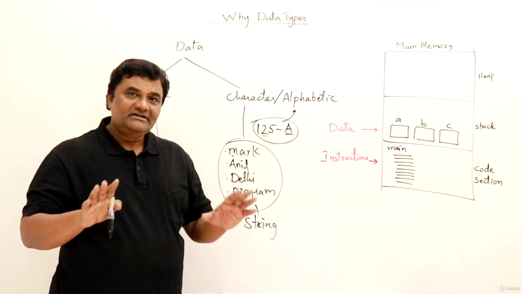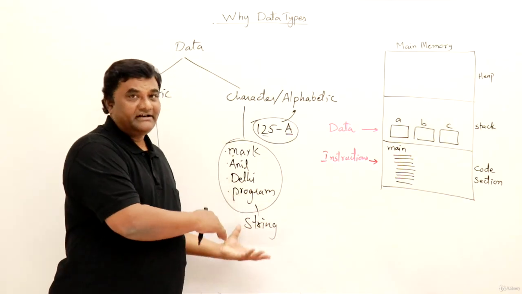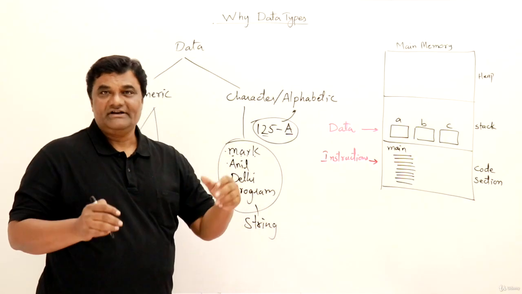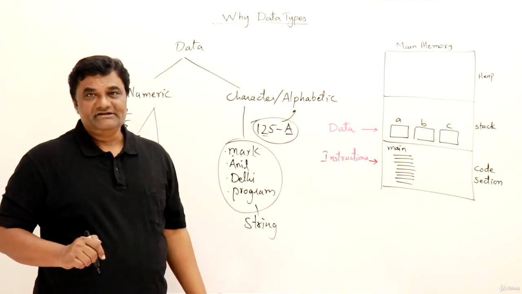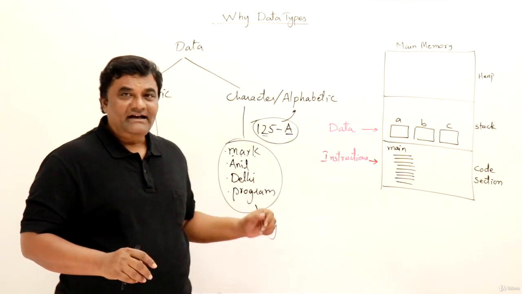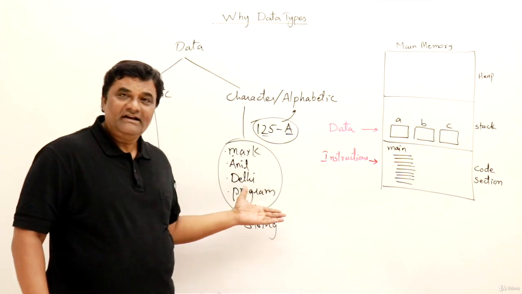If I talk about programming languages, they support the character type also, and a collection of characters is nothing but a string. So an individual character and a collection of characters, both are supported by languages. In C++ both are supported. Now one thing, as I said that numbers have to be represented in binary, then what about the characters?